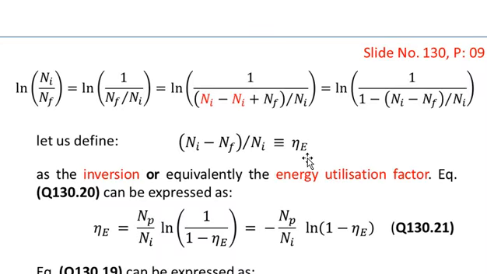That's why the subscript E has been used, to make it stand as the energy utilization factor. And in principle, it is also the same thing as the inversion utilization factor.